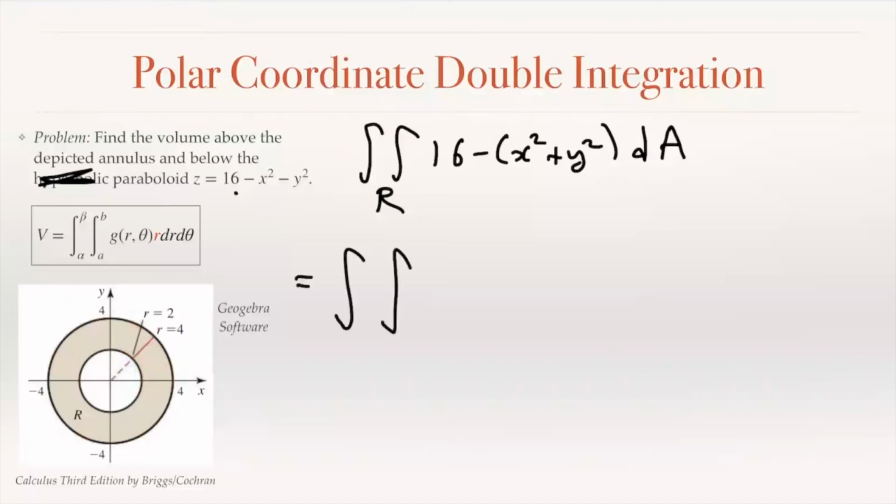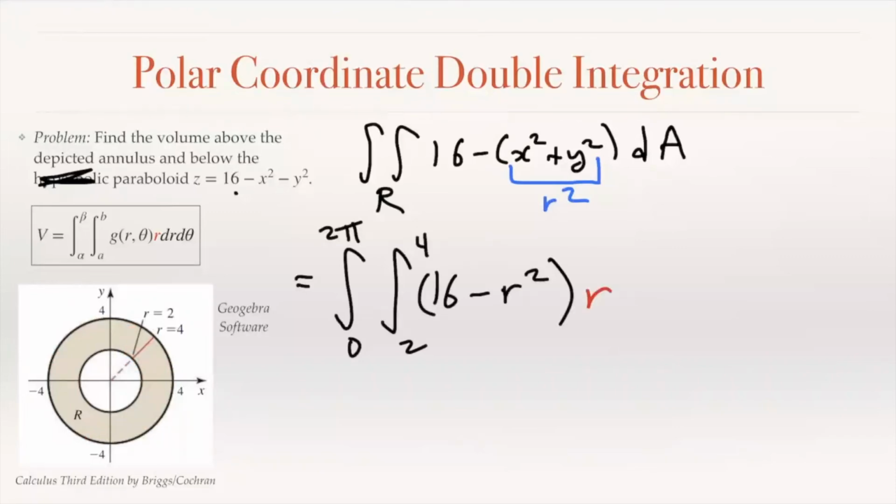Okay, so r goes between 2 and 4, theta goes between 0 and 2 pi, of 16 minus, so we need to convert our z to polar, but x squared plus y squared is r squared. Now, don't forget that r, as always, dr d theta.